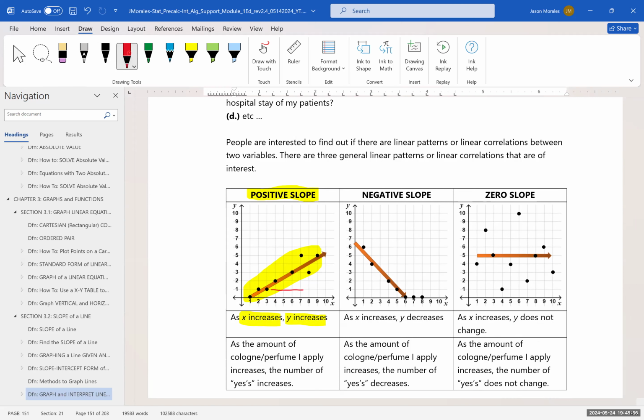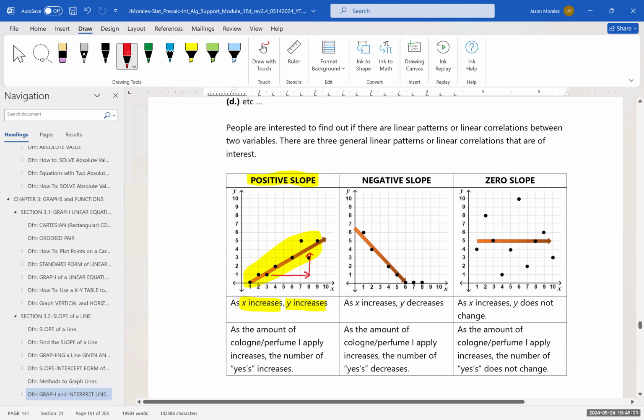So as x goes up, y goes up too. An example of this would be as the amount of cologne or perfume I apply increases, the number of yeses increases. So the more perfume and cologne, the more yeses. Okay, so that would be interesting to know.